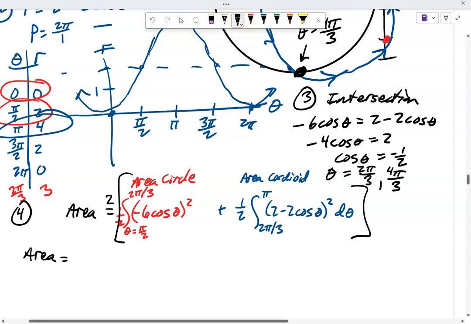And we continue on here. We distribute that 2 through, and we'll end up with 36 cosine squared theta.